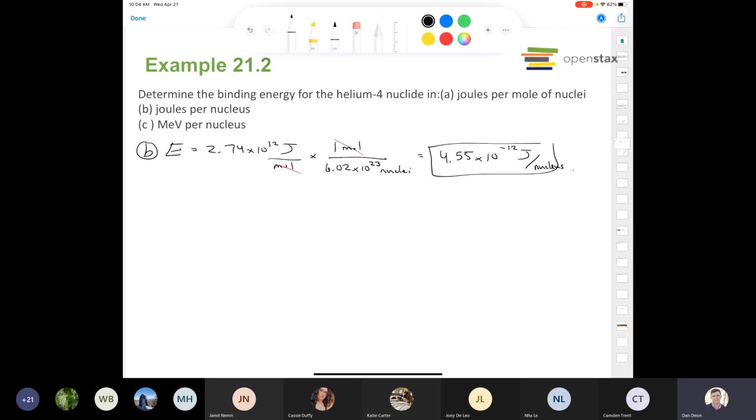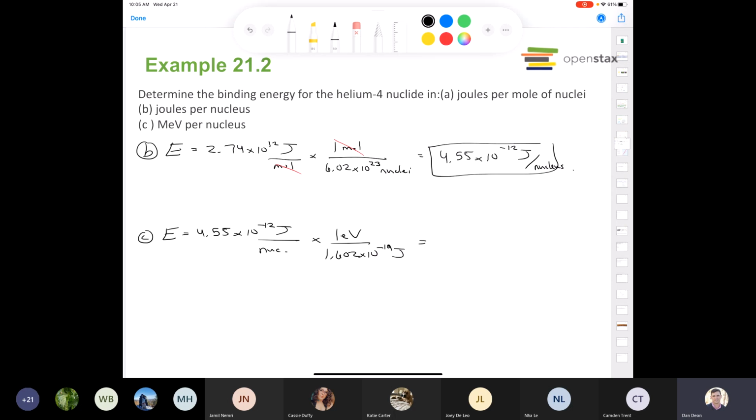And then it asks us to calculate that in terms of electron volts. That's just a quick conversion. We have E equal to 4.55 times 10 to the negative 12 joules per nucleus, multiplied by 1 electron volt per 1.602 times 10 to the negative 19 joules.